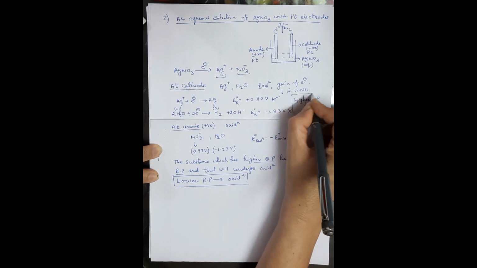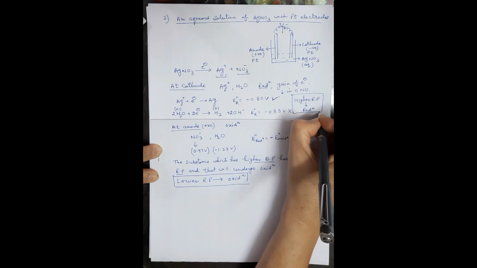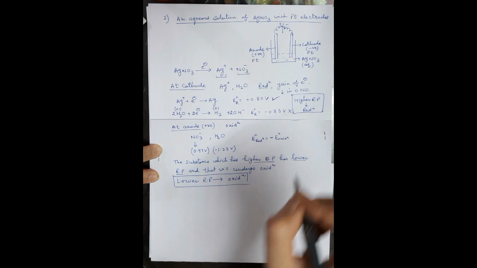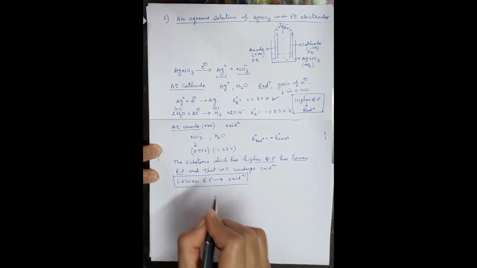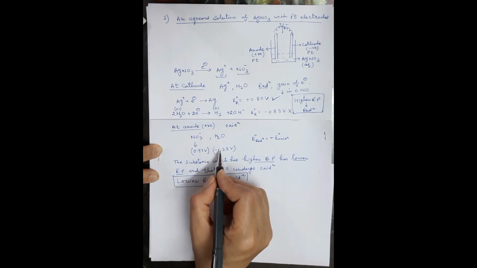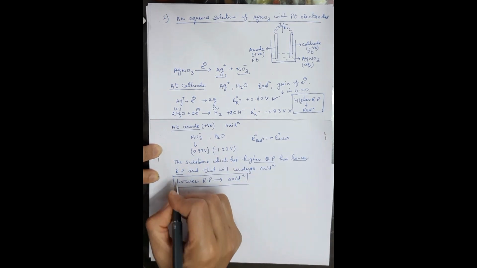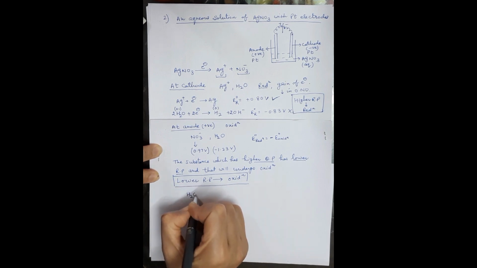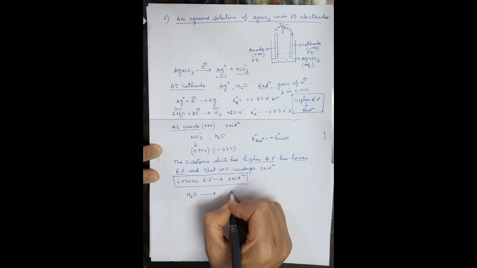So just try to learn: at the cathode reduction happens, the one with higher reduction potential goes for reduction, and the one with lower reduction potential will undergo oxidation. Out of the two, who is having lower reduction potential? Water. So how does it undergo oxidation? Look here, water changes to O2.